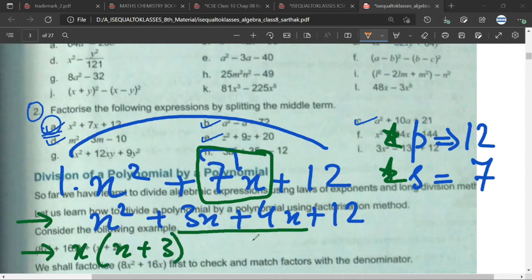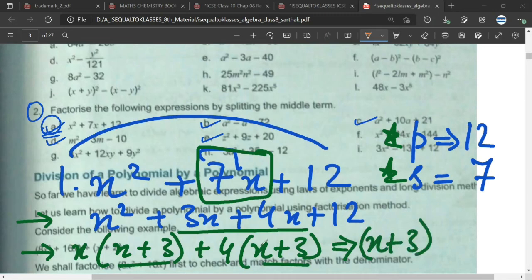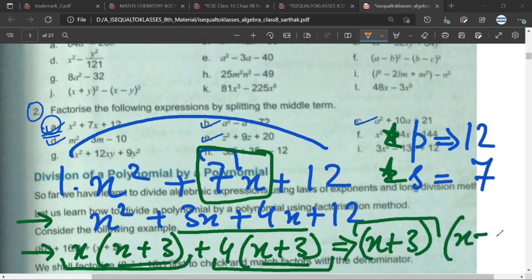From here also, I will take 4 as a common factor. Are we clear? Yes. What should I do next? I will take x plus 3 as a common factor from this term and this term. So x plus 3 is common. What I am left with is x plus 4. So x plus 3 into x plus 4 is the final answer.